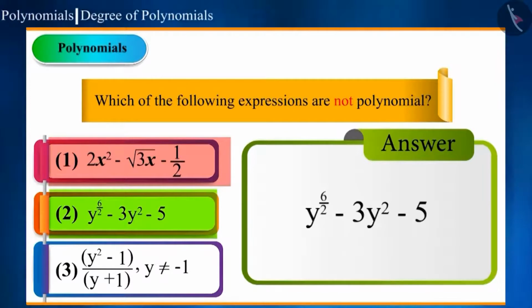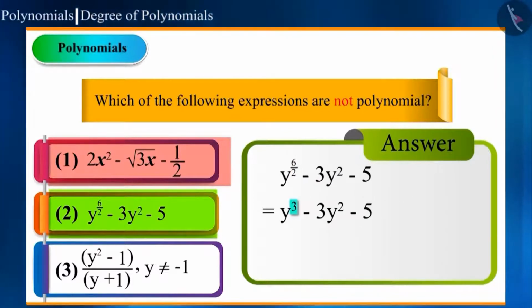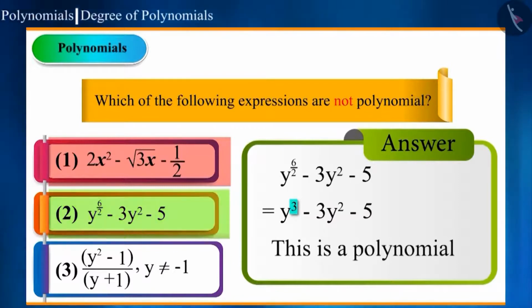The second option is y to the power of 6 by 2 minus 3y square minus 5. Here, in the first term, the power is 6 by 2. It is a fraction, but on solving it becomes 3, which is a whole number. Powers of the rest of the terms are also whole numbers. Hence, this is also a polynomial.